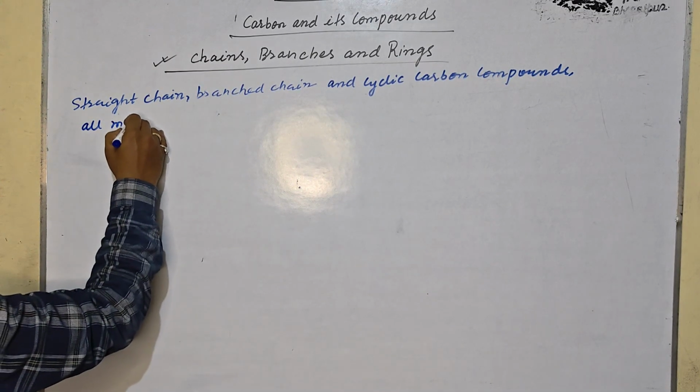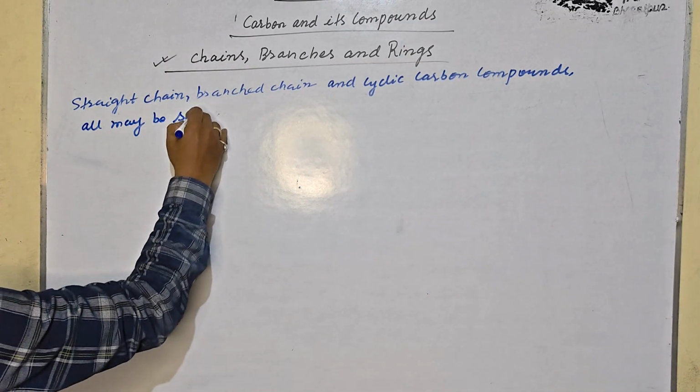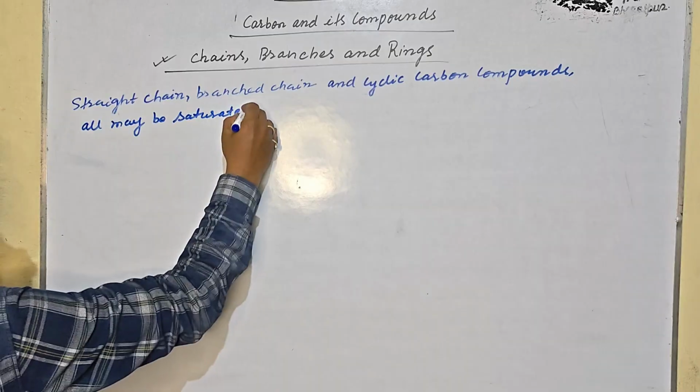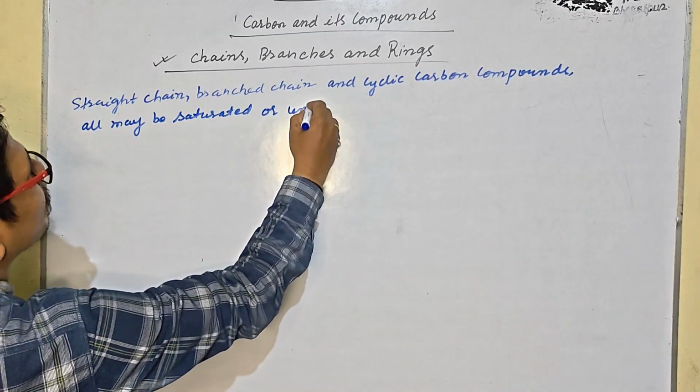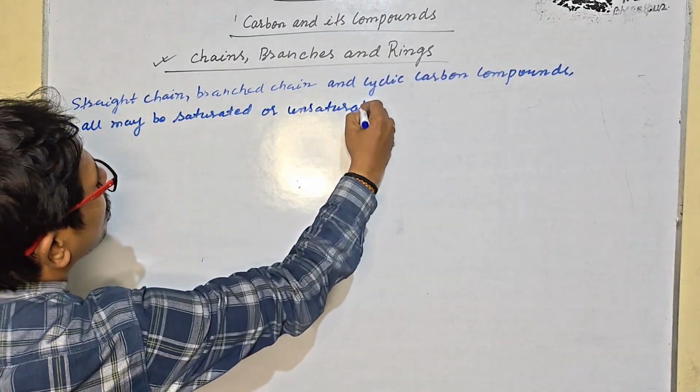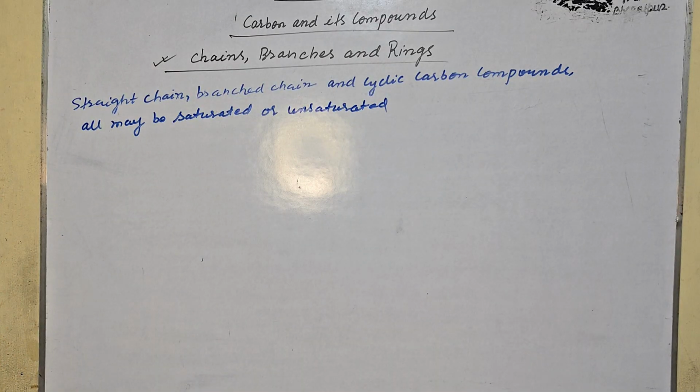So all the branched chain and cyclic carbon compounds, and straight chain, all may be saturated or unsaturated.